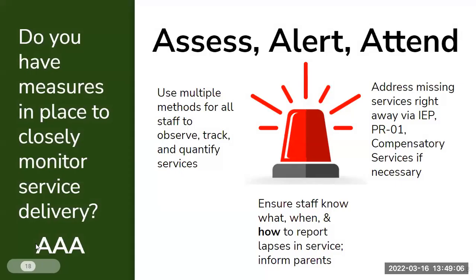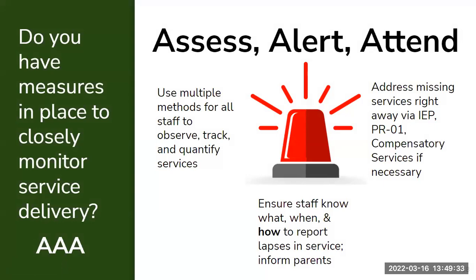So what we want you to think about in terms of how do you avoid that is just taking a look and making sure that you've got measures in place that are allowing you to really closely monitor your service delivery. And we're using the acronym from first aid, the AAA: assess, alert, attend.